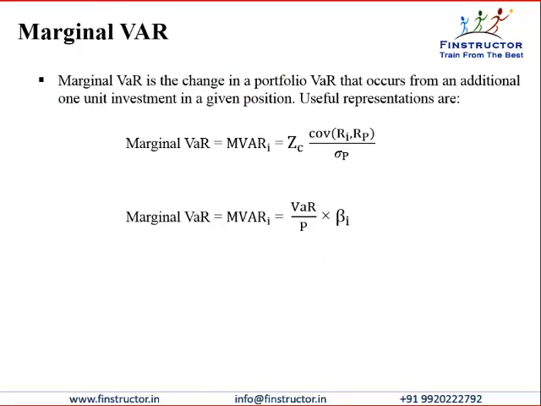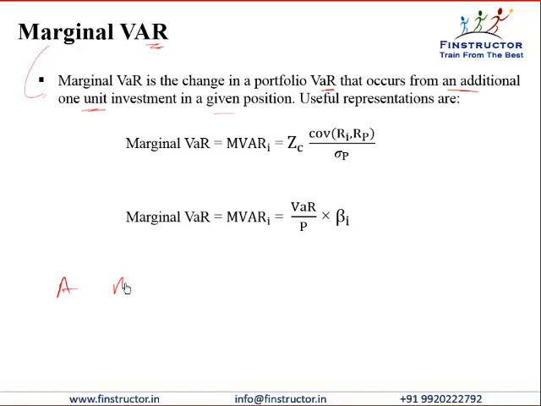Now a very important concept is that of the marginal VaR, very likely to be tested, so please understand it very well. Marginal VaR is the change in a portfolio's VaR that occurs from an additional 1 unit investment in a given position.